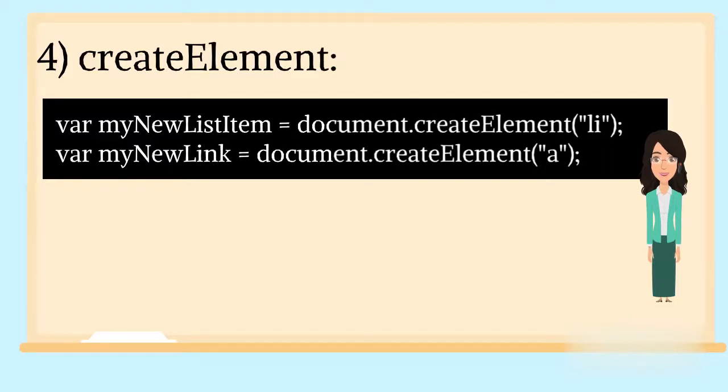Using the list example from above, we could add a new list item using the following code. You can see on the screen, this code creates a new li element, the li tag is present there, and a new anchor tag. But these elements don't exist anywhere except as values inside variables. To add our new elements to the DOM, we can use the next method listed in this article.